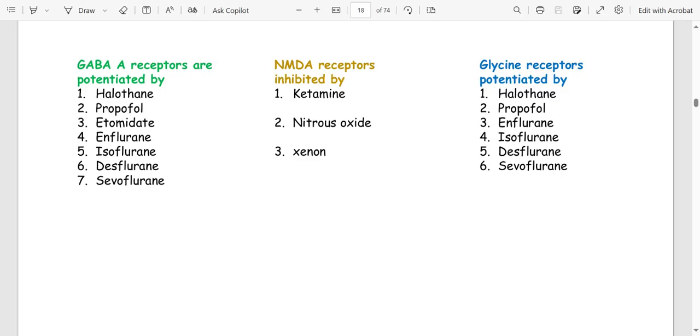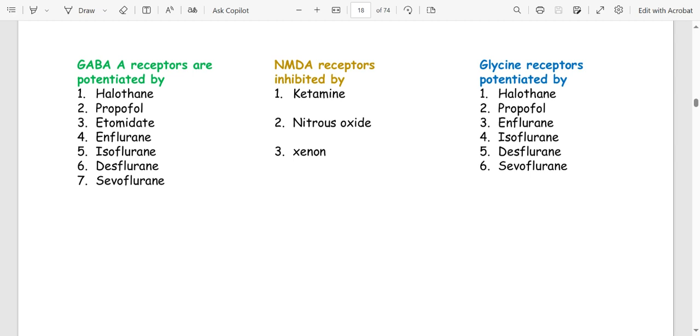That includes halothane, propofol, etomidate, enflurane, isoflurane, desflurane, sevoflurane. And then you have those that bind to the NMDA receptor and inhibit it, like ketamine, nitric oxide, and xenon. Basically, these inhalation ones. Ketamine is not inhalation, by the way.